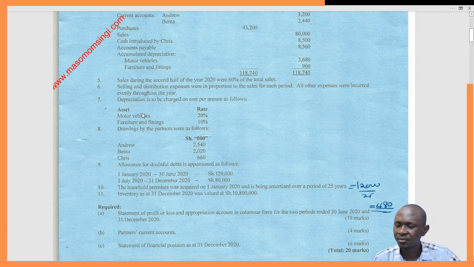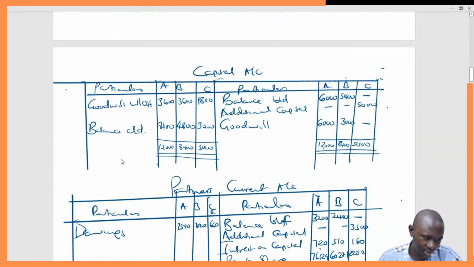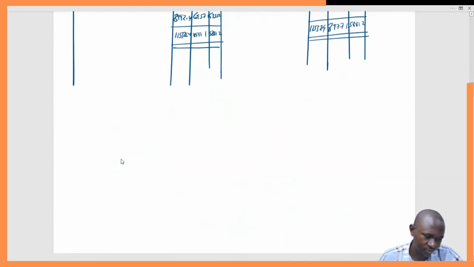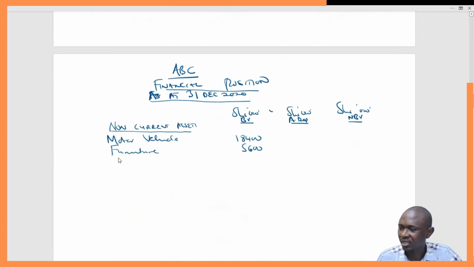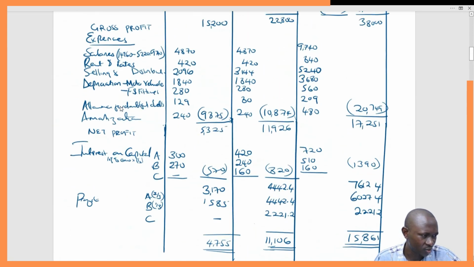That gives us 7360 in brackets. So minus 18400, what we have is 11040.